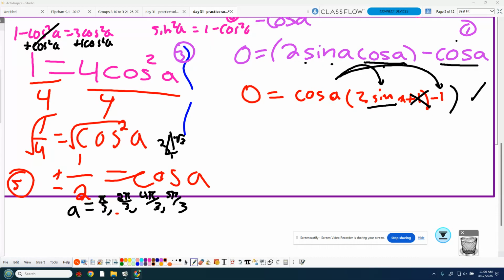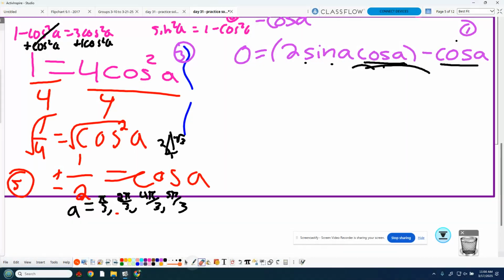So if you need to see it more neatly written, taking cosine out of both of those, we are left with 2 sine A minus 1 in there.